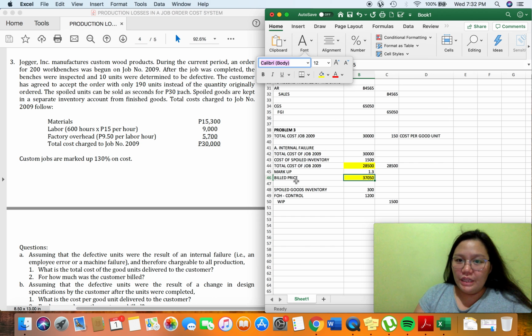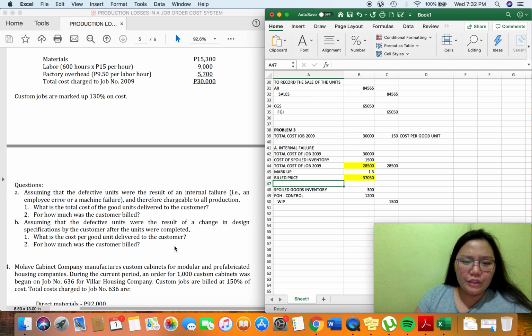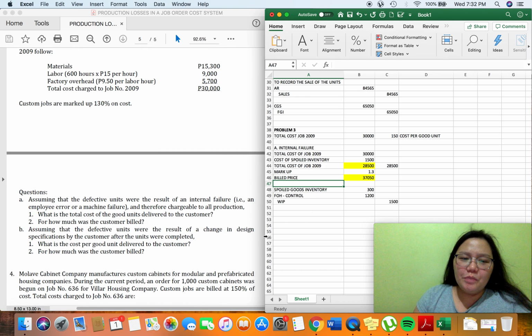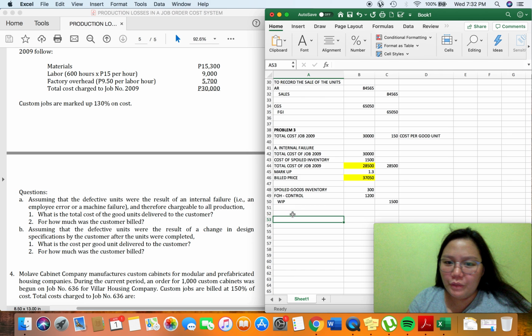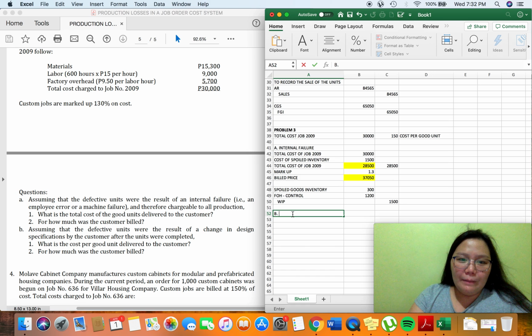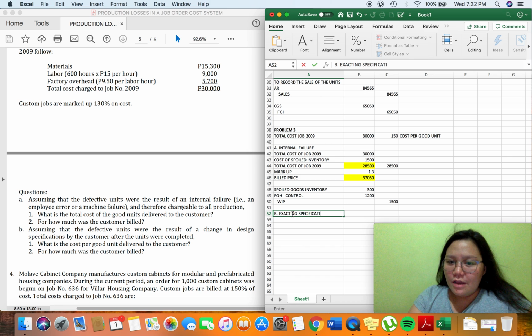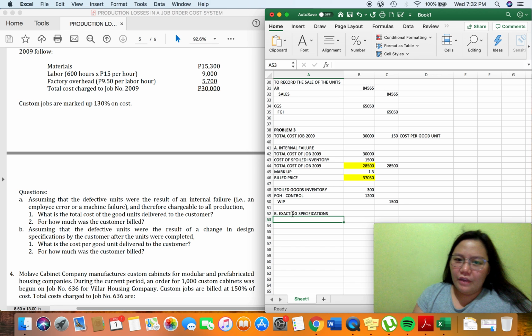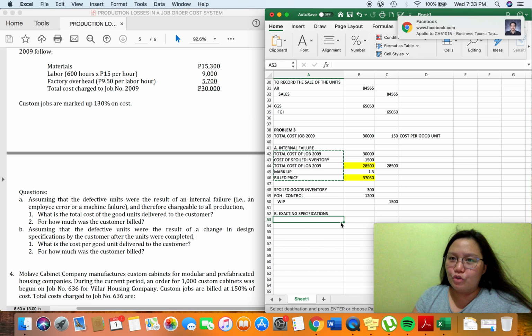Next, what if the defective units were the result of a change in design specification by the customer? Di ba? So we are still answering problem 3, but this time, exacting specifications naman yung naging reason for the spoiled units. If the spoiled units are due to default of the customer, di ba?